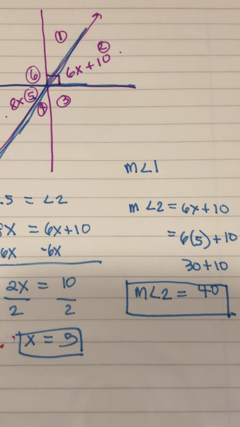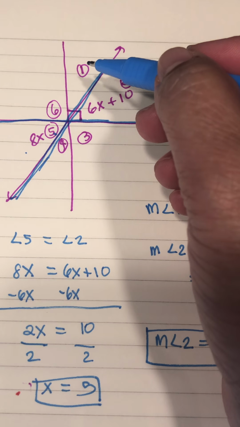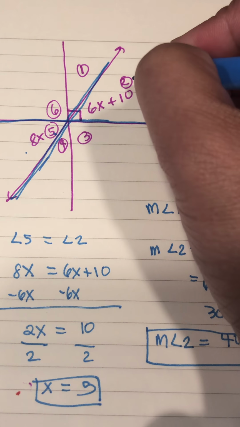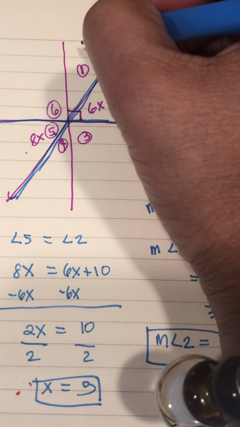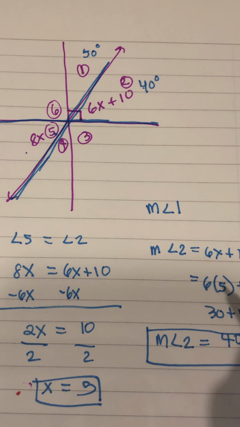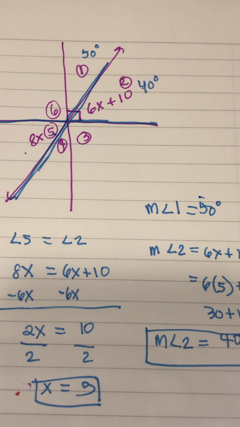Now let's look at angle 1. If this is 40 degrees, and remember it's complementary to angle 1, then this is 50 degrees. So the measure of angle 1 is 50 degrees.